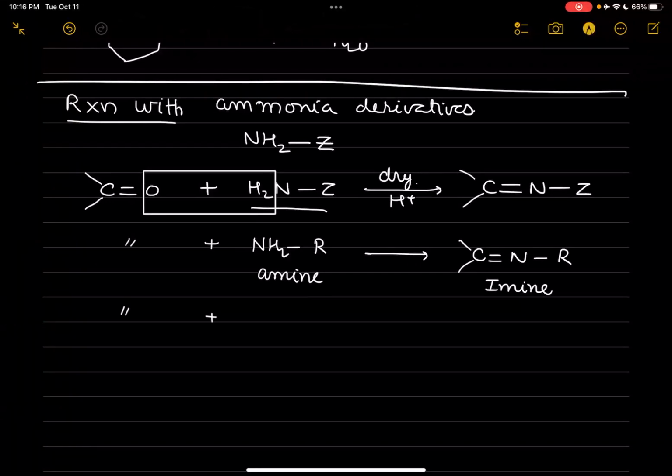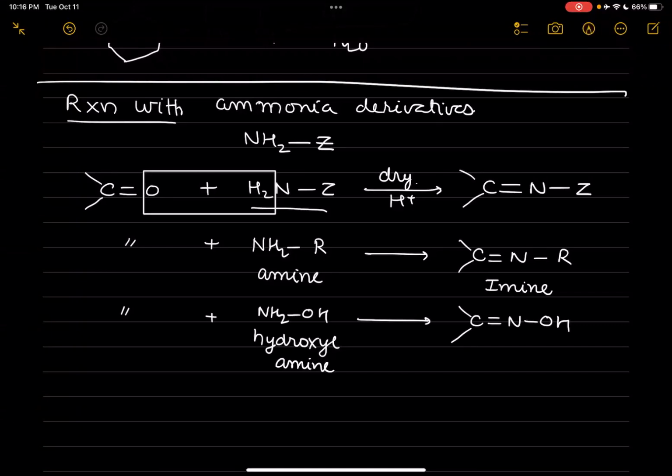And suppose if you have NH2OH, that is hydroxylamine. The product is going to be known as, okay, this is oxy and amine, oxime, right? Yes, sir. Is it clear?